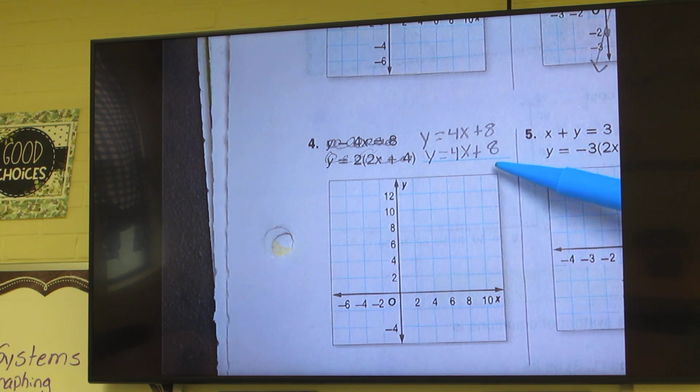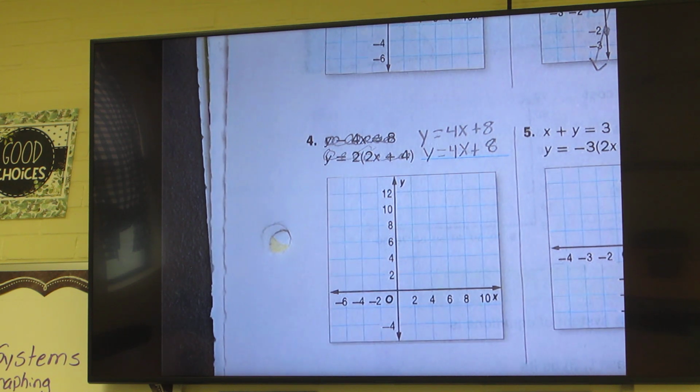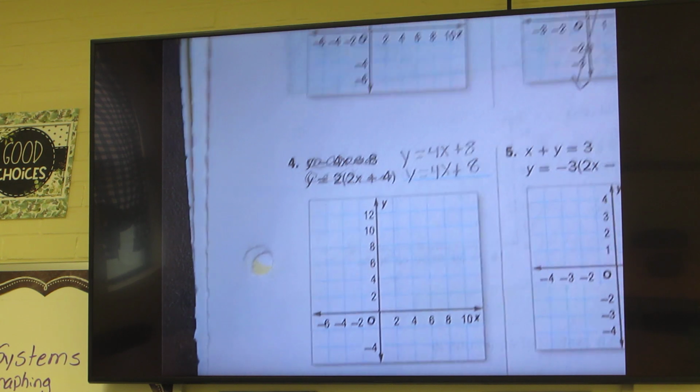It's the exact same thing. If you have the same slope, same y-intercept, your answer is infinitely many. Because if you think about it as two separate lines being directly on top of one another, they intersect infinitely many times.